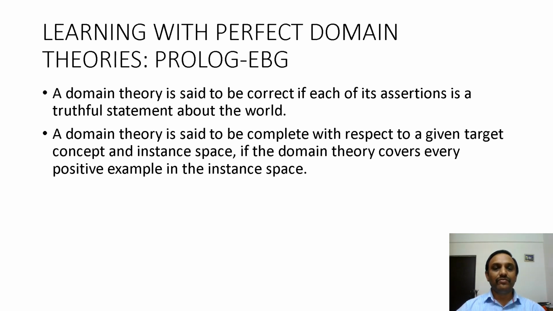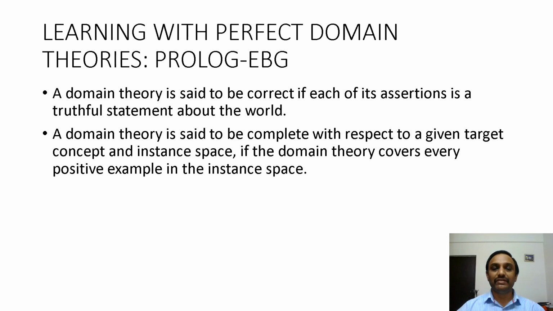So what do you mean by domain theory must be correct and complete? You can say the domain theory is correct if each of its assertions is a truthful statement about the world. Next, when can you say it is complete?